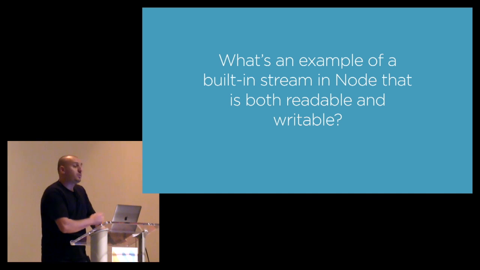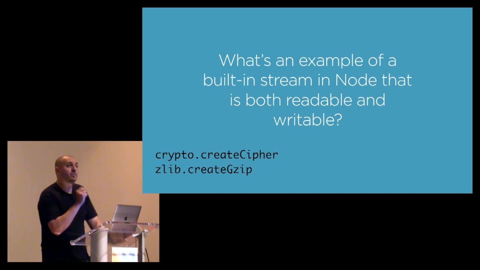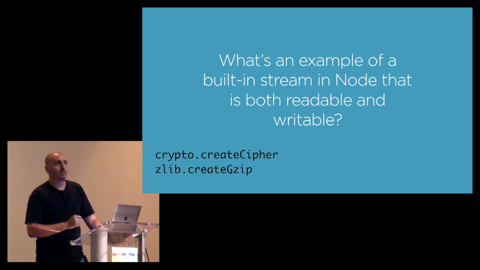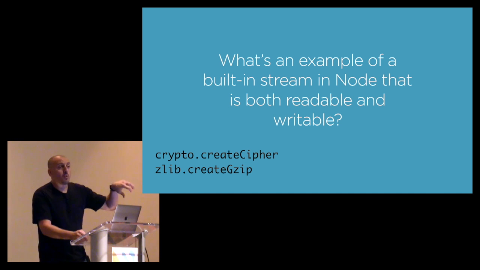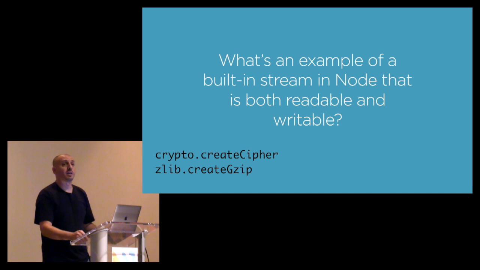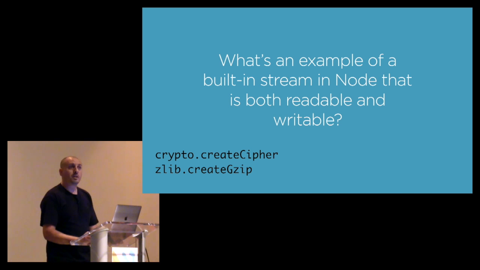But some of the more interesting readable and writable streams are transform streams, like createCipher and createGzip, because they work with streams and you get to do something on streams while you're reading and writing them. So that's interesting. Streams are the next very important topic in Node. Because here's the thing, here's my global bold statement. If you're not using streams, you're doing it wrong.